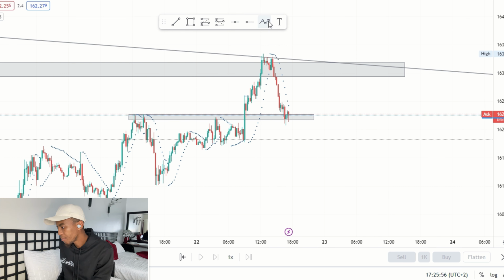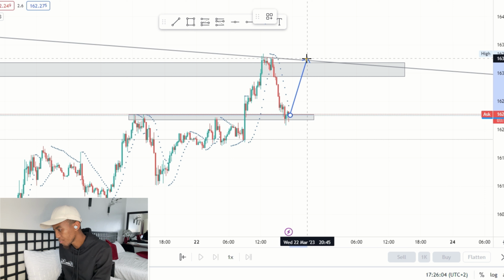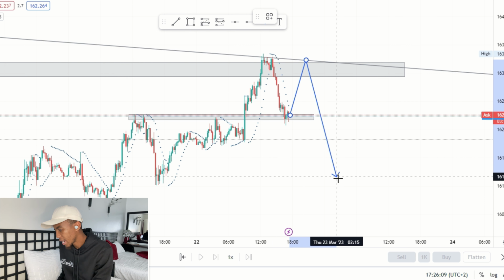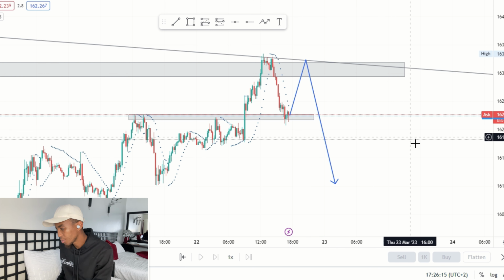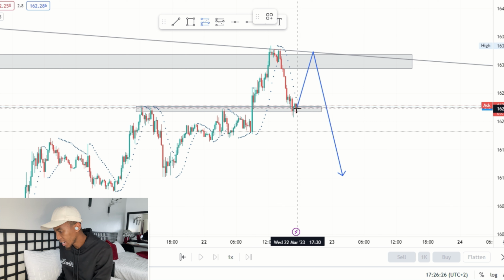So looking forward to future trades as well, this is what I am looking at. I'm looking at this trade coming back here, and coming back down to here, which would automatically just give me this double top here. So what I did here is I'm just gonna enter like a small trade, which would be something like this.